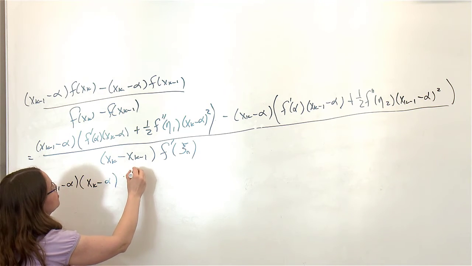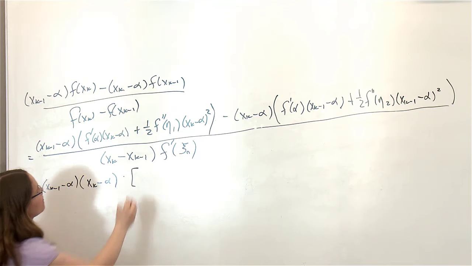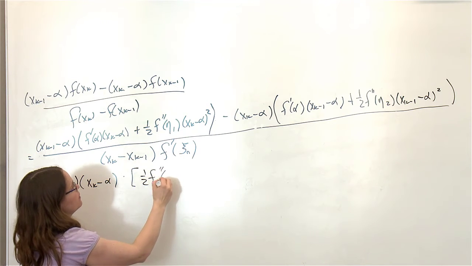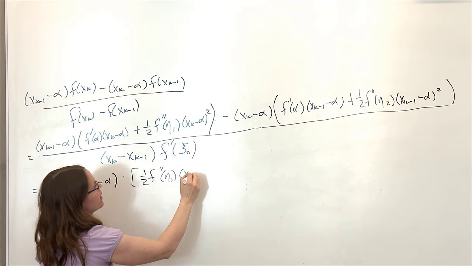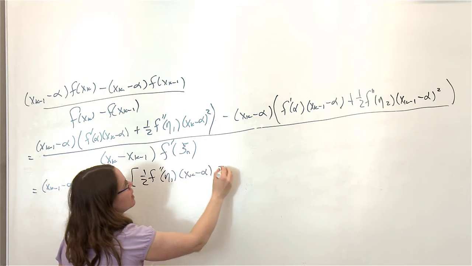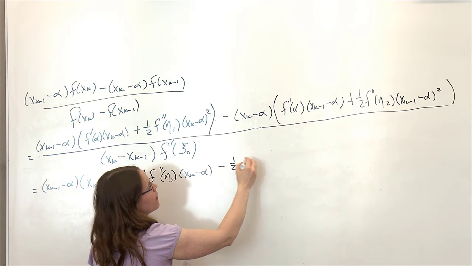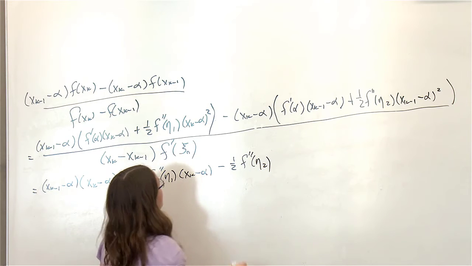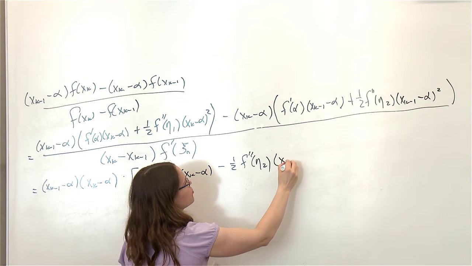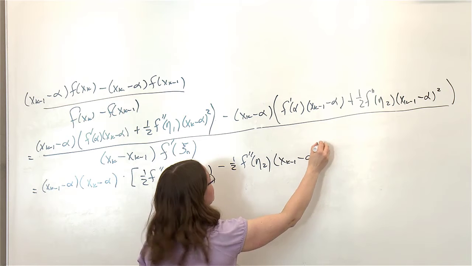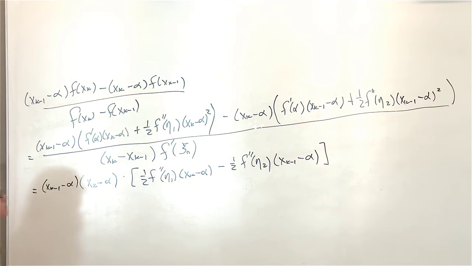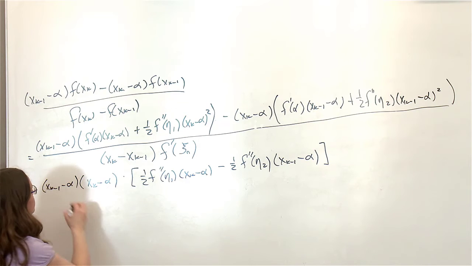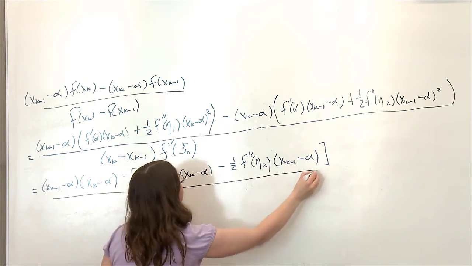What's left is half f double prime at eta 1 and one more xk minus alpha, and then half f double prime at eta 2 and xk minus 1 minus alpha.